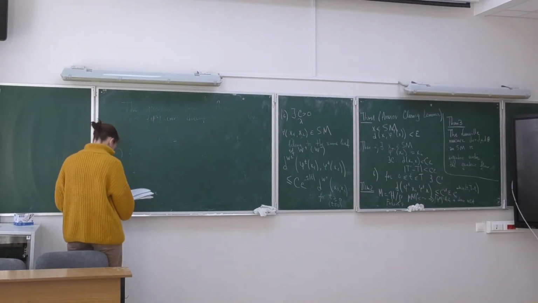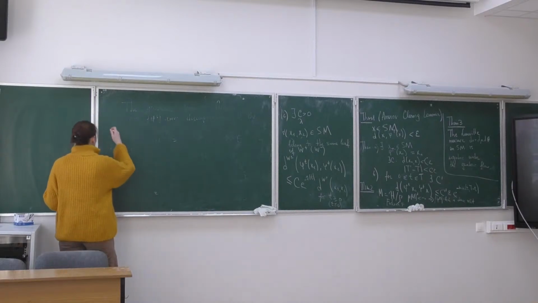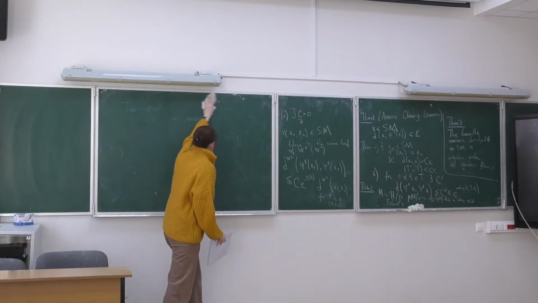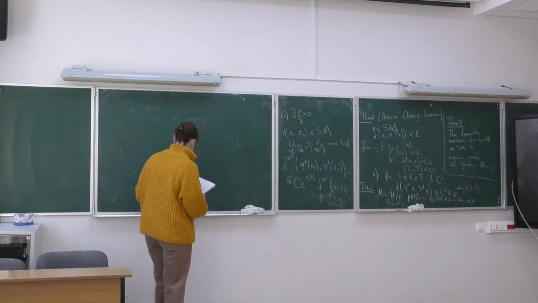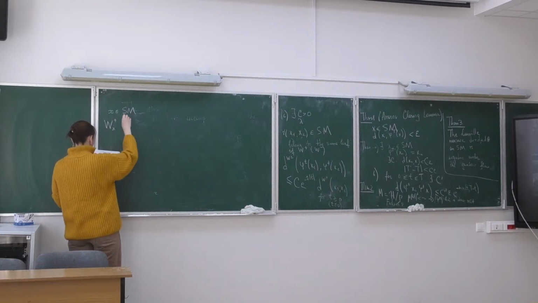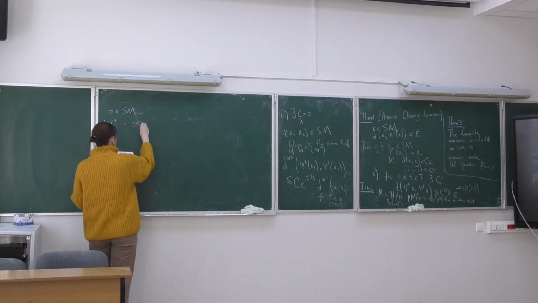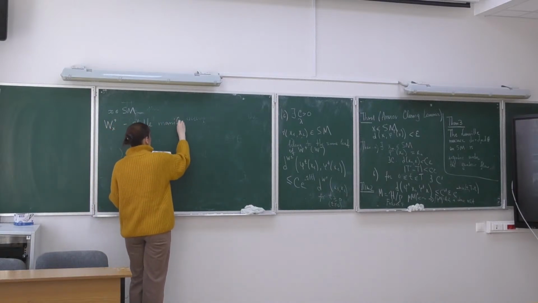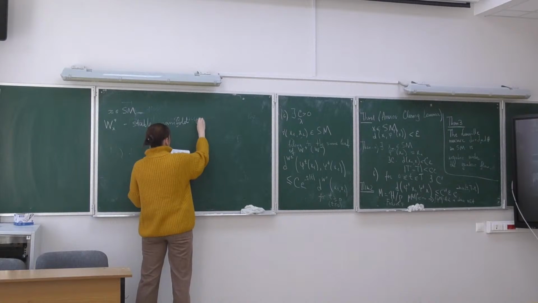So first, let us study the Anosov-Closing lemma and try to understand why it should be the case. We will need some notations that we will use. So the boring part is to introduce them. We take a point x, and we consider a stable manifold containing x.